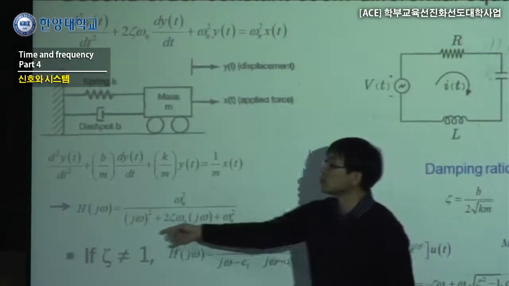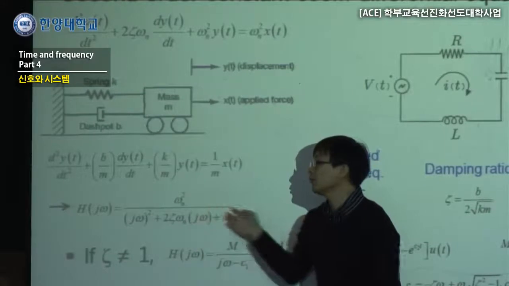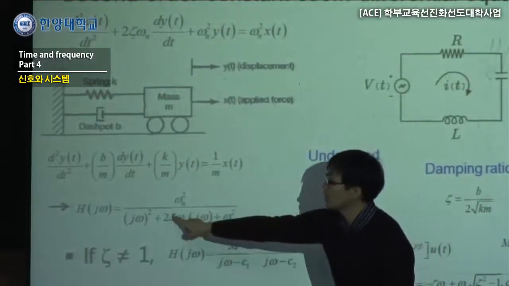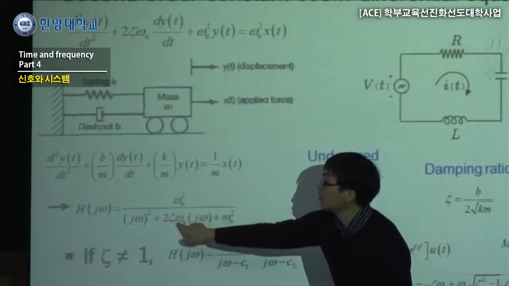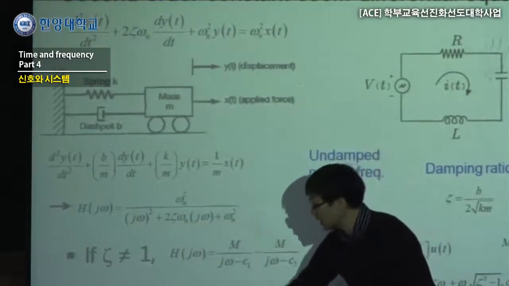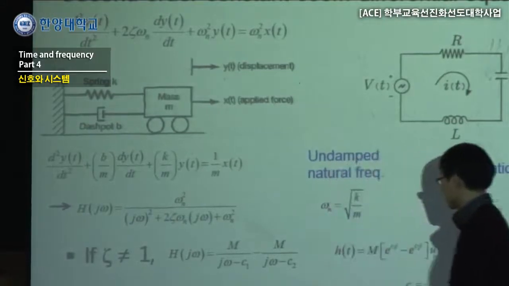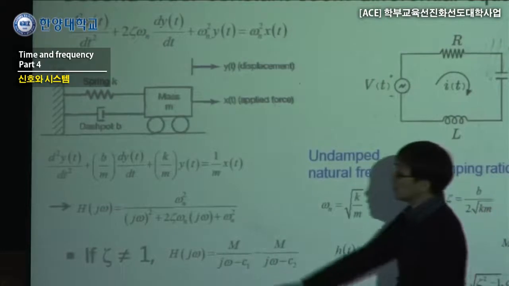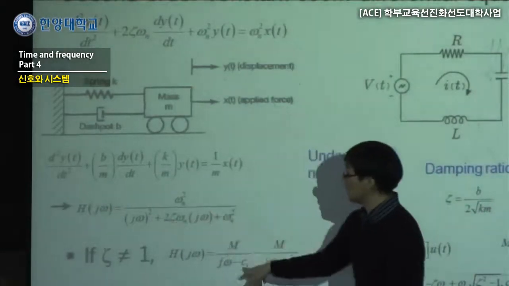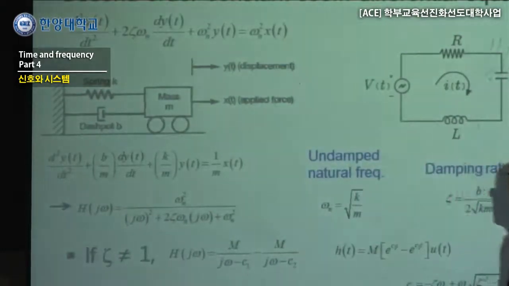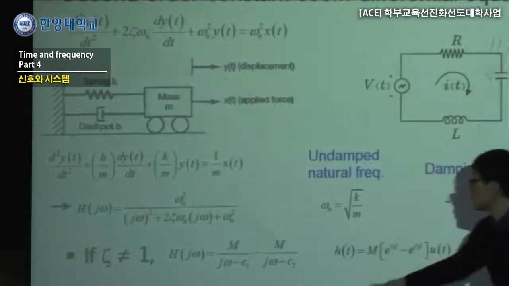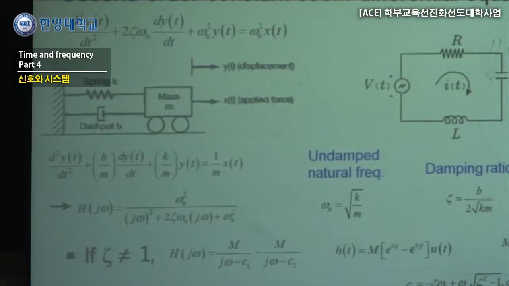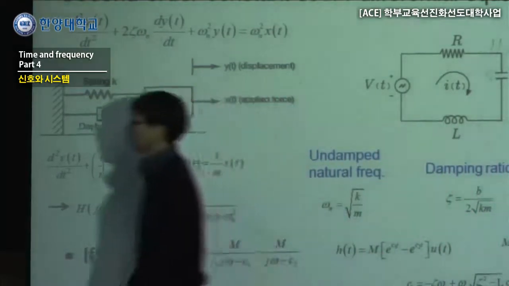If the denominator happens to be in the form where chi is 1, you can change it to a simple form, and that is your system response. In other cases, you can divide them into two cases and then do the inverse Fourier transform individually. That's how you calculate the system response in a second order system.